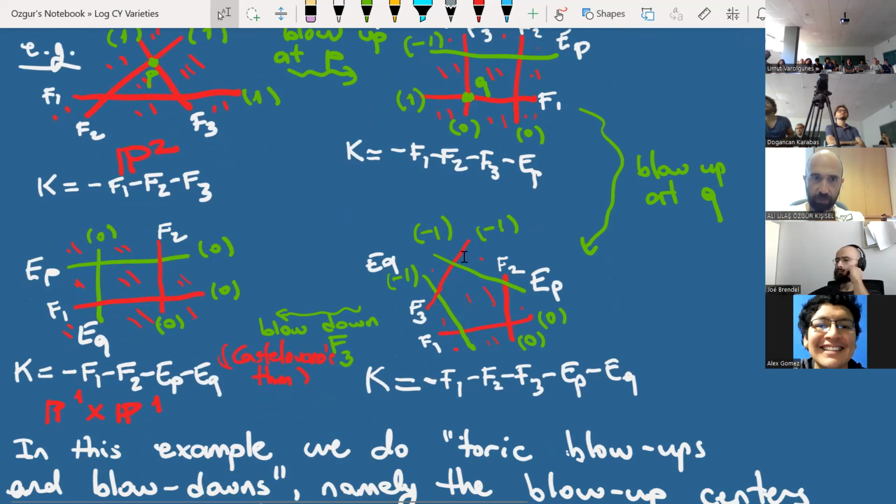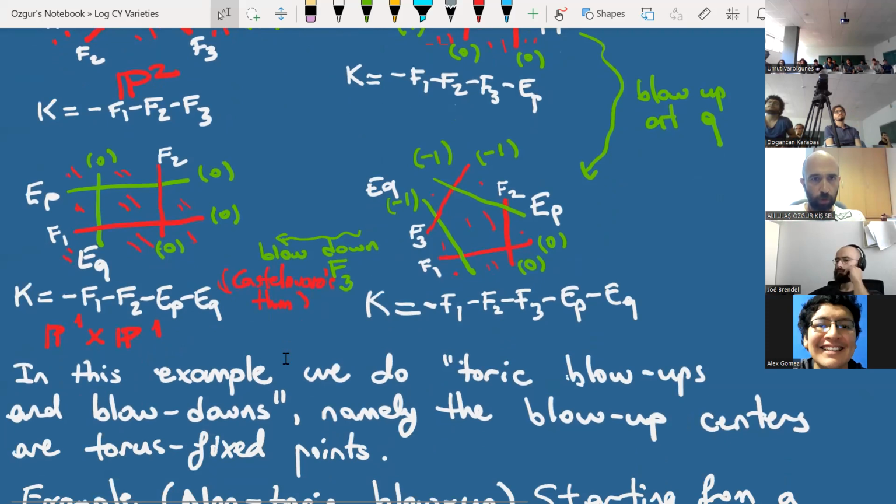So by Castelnuovo's theorem, you could blow it down and get a smooth surface, and what you actually get is a P1 cross P1. Through all this process, it's always log CY, and you just change the toric boundary divisor, and it adapts itself correctly to the canonical class.